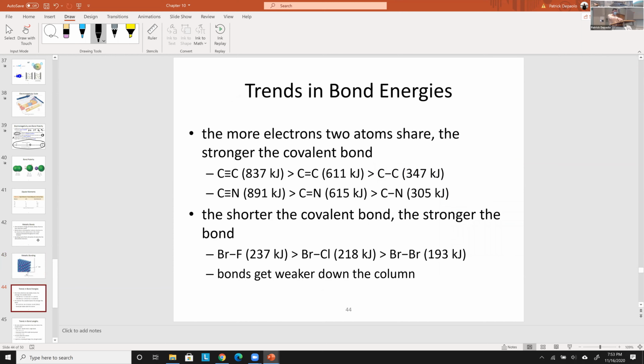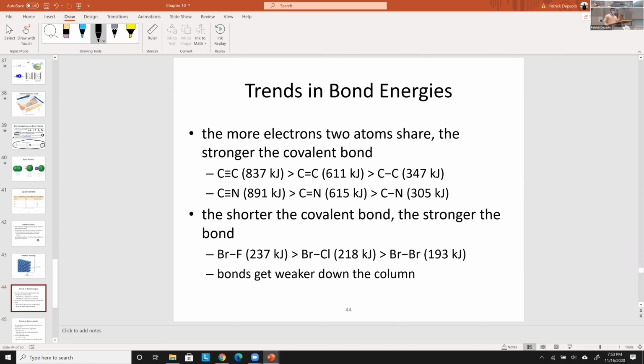Cool. All right. So the last thing we're going to cover is bond energies. We talked about bond energies when it comes to ionics. We beat the dead horse when it comes to bond strength versus bond length and all that stuff. But let's talk about covalent bond strength. And really it only depends on two things.